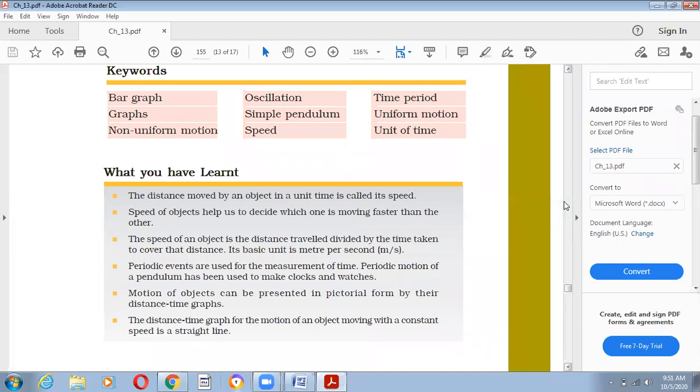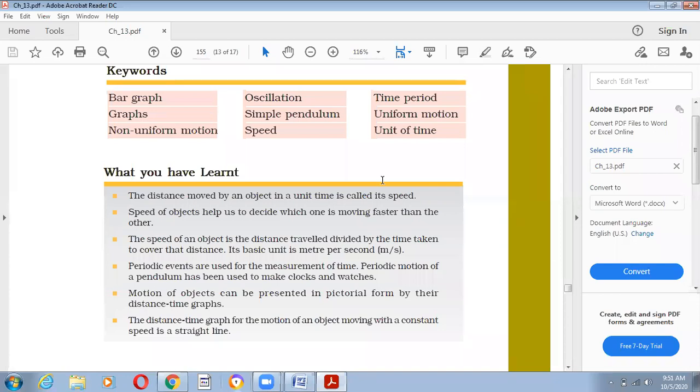Then non-uniform motion, we have discussed non-uniform motion. Non-uniform motion means when the body covers unequal distances in equal or unequal intervals of time, right?